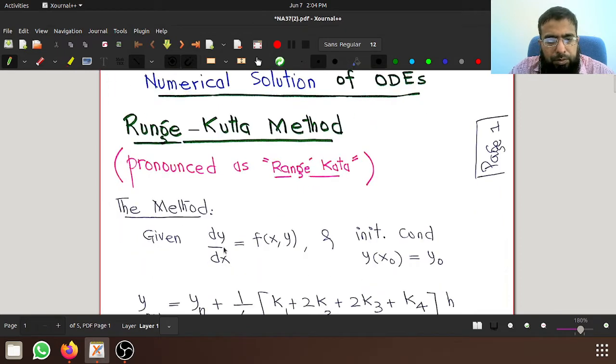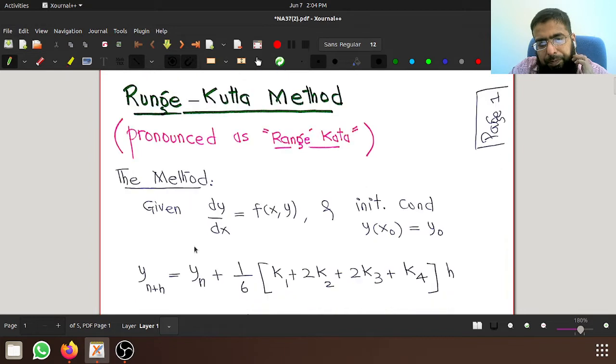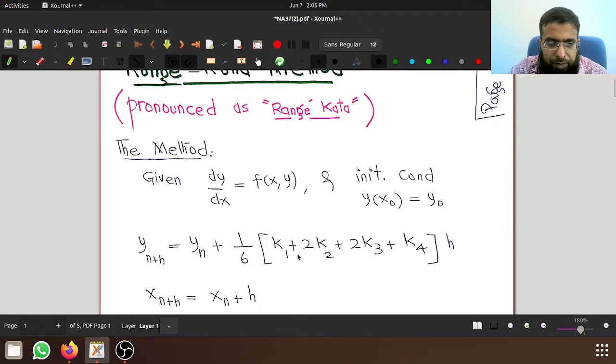Right, so the method is very simple. Given an ODE, dy by dx is f of x, y, and an initial condition that y of x naught is y naught, we move step by step. We are also given a step size h.